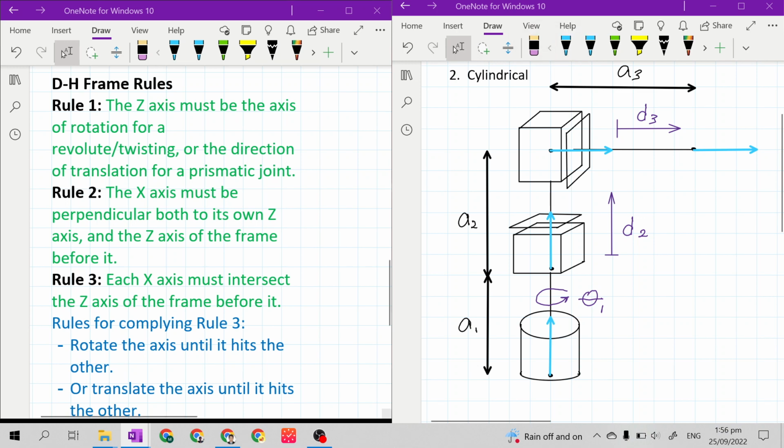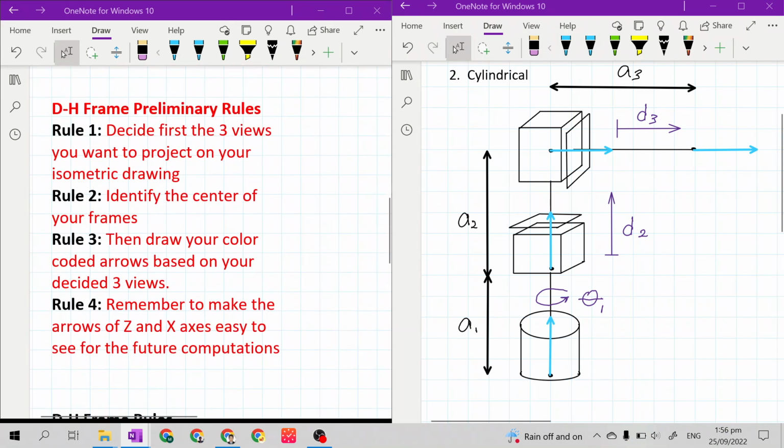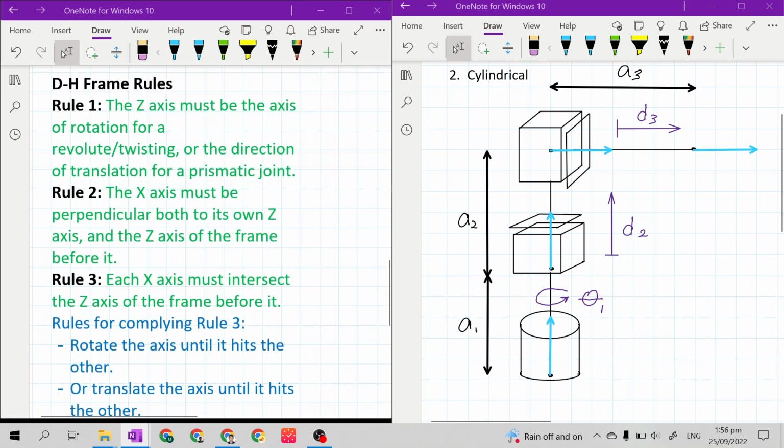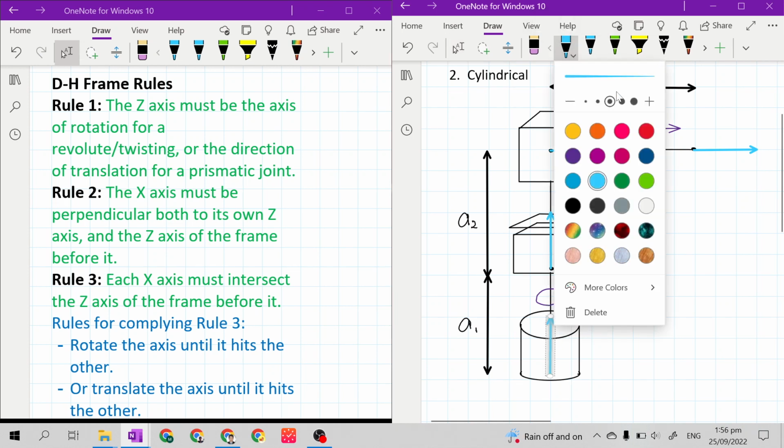Based on the preliminary rules, let's make the z-axis easy to see. To make it easy to see, I'll make the arrows thick.